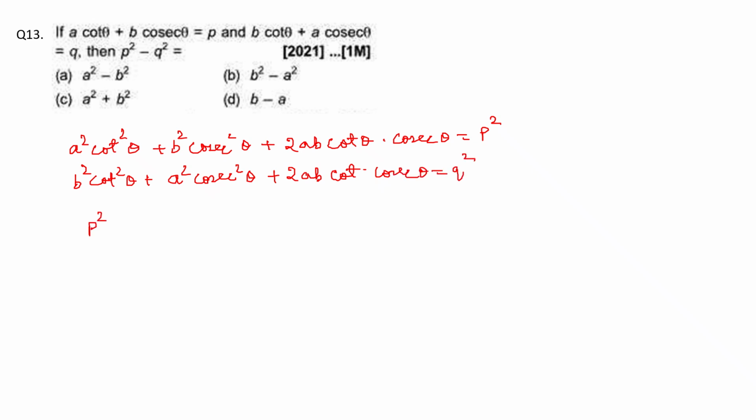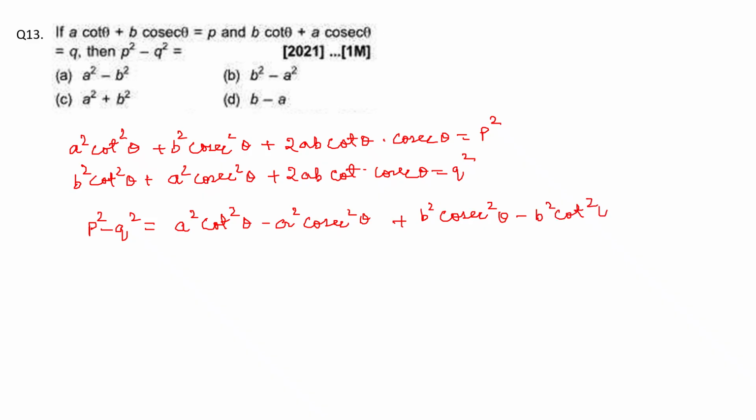So P square minus Q square is equal to A square cot square theta, and I am taking minus A square cosec square theta together. Same way plus B square cosec square theta minus B square cot square theta, and plus 2AB cot theta into cosec theta minus 2AB cot theta into cosec theta will cancel out.